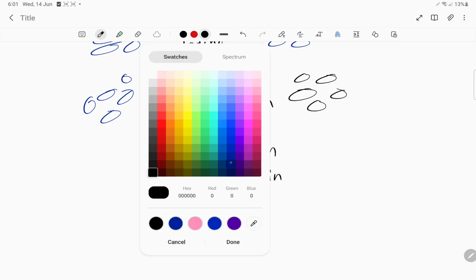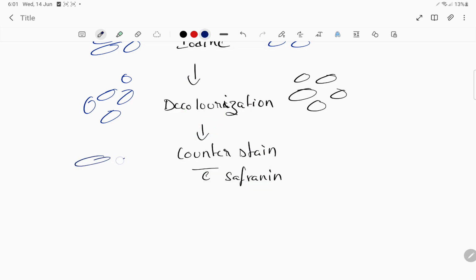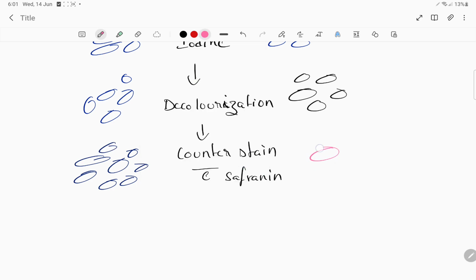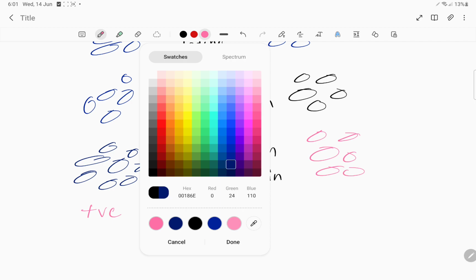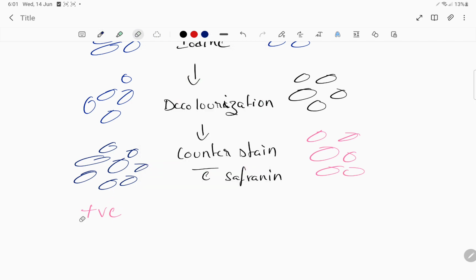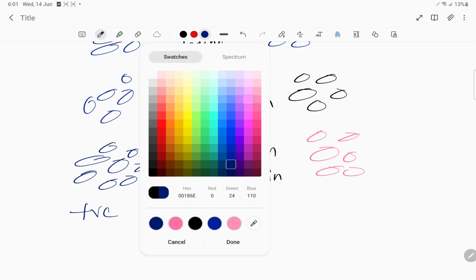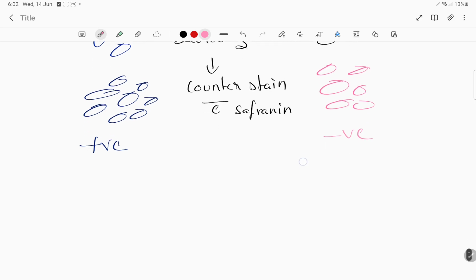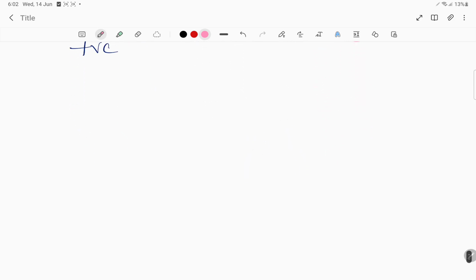So when counter stained with safranin, this is violet color and this is pink color. So this is gram positive, and this is gram negative.